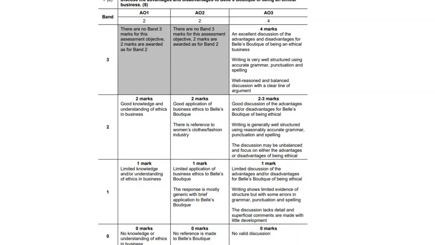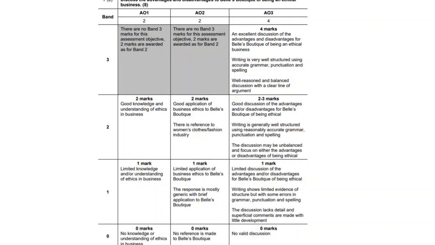So it doesn't have to be perfect, but it's got to have a reasonable flow to it. Band 3, there are no extra marks for AO1 and AO2, you can get those, and the more of it is AO3. So it's an excellent discussion of advantages and disadvantages. Writing is very well structured, using accurate grammar, punctuation and spelling, with a well reasoned and balanced discussion and a clear line of argument.